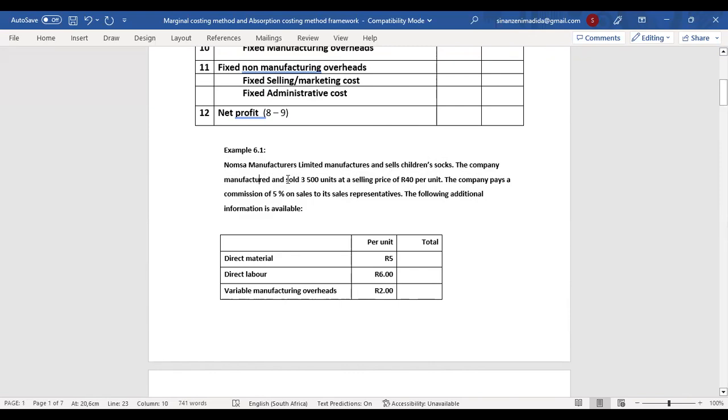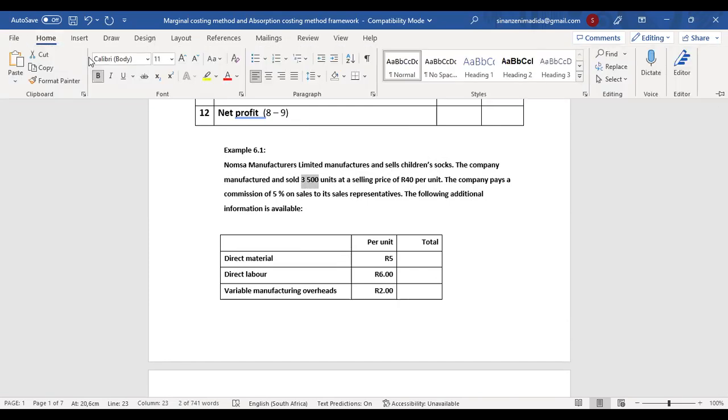The company manufactured and sold. If you come across a number, you must teach yourself to highlight the number so that when you are trying to answer the questions, the numbers are clear and visible to you. We sold 3,500 units at a selling price of 40 Rand per unit.